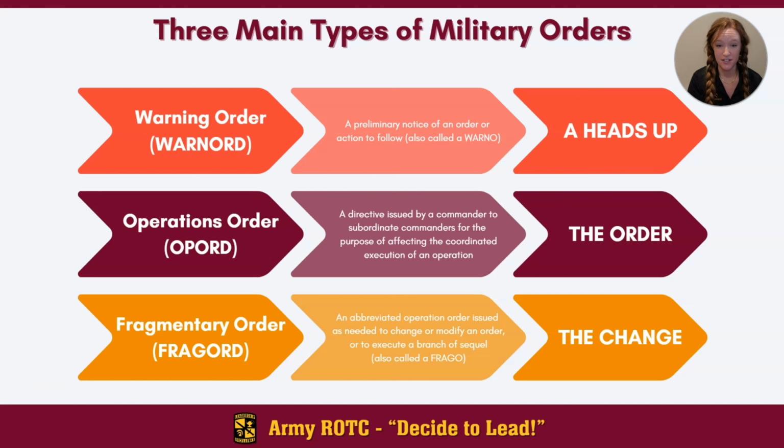It also follows the 5-paragraph format of just having the 5 W's. So we want to use that as a leader. We just received an operations order and we're going to give one to our subordinates at our level. But we want to let our subordinate leaders know quickly, hey, this is coming. So you just give them those 5 W's and then you go back and you're planning the rest of your operation.